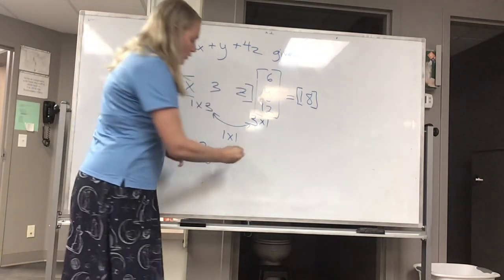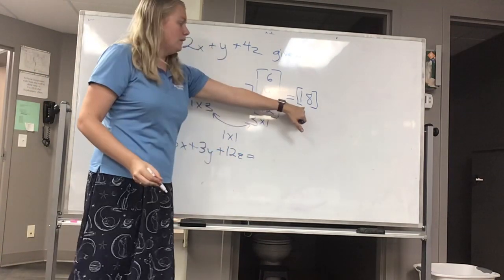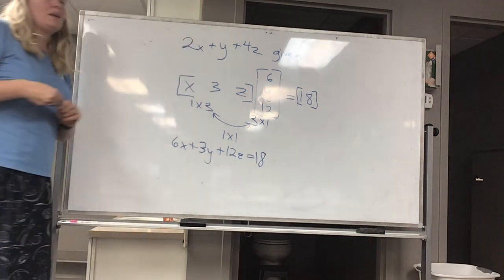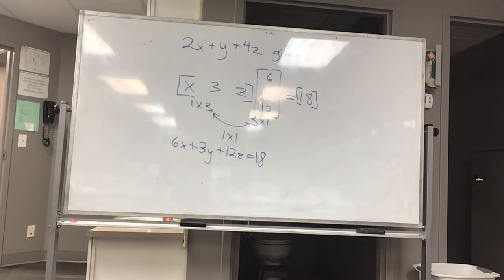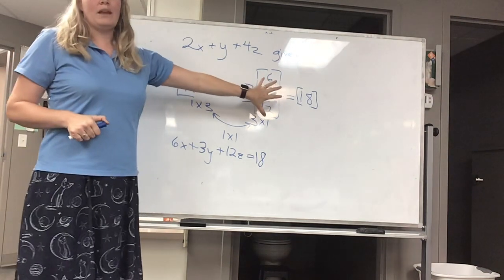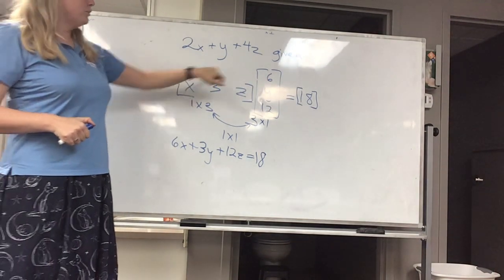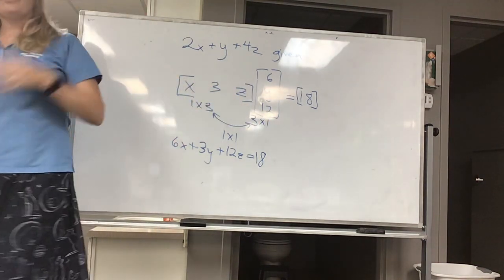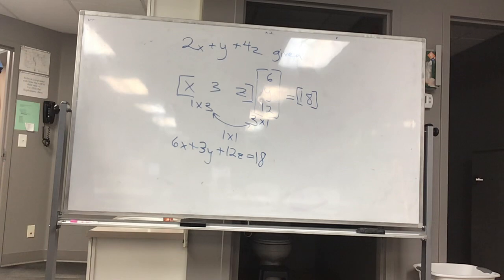All of this is equal to 18. That's the matrix part. Just the idea that if you see this setup, they're talking about multiplication. We're going to be multiplying first piece by first piece, middle piece by middle piece, last piece by last piece, and they're all strung together with addition.